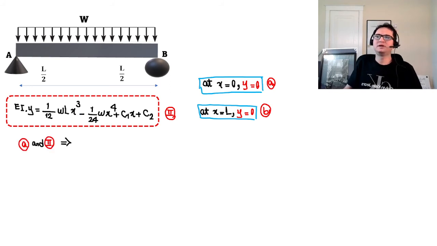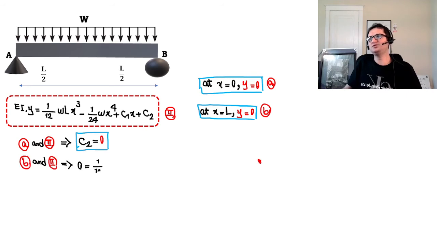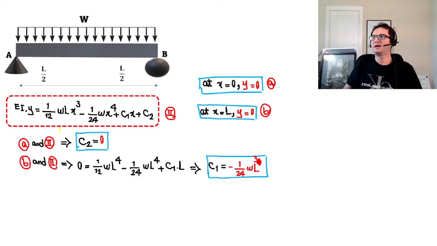Equation 2 with A gives us C2 is equal to 0, and equation 2 with B gives us C1 is negative 1 over 24 WL cubed.